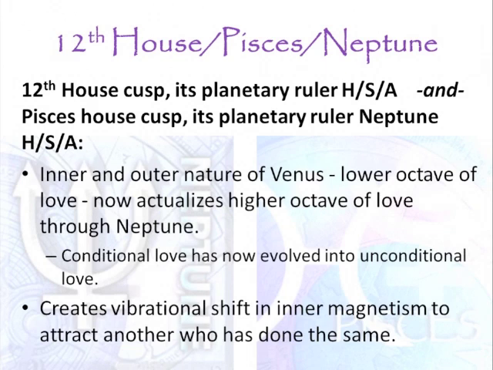And that vibrational shift, spiritual, mental, emotional, physical, shifting that inner magnetism, that evolves our relationships. We attract in another who has done the same, or through the process of a relationship, we both do it through the relationship.